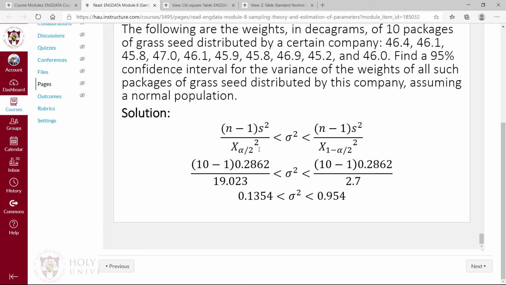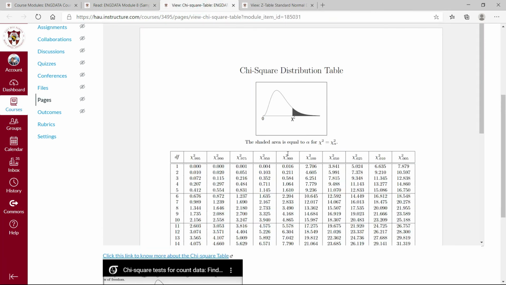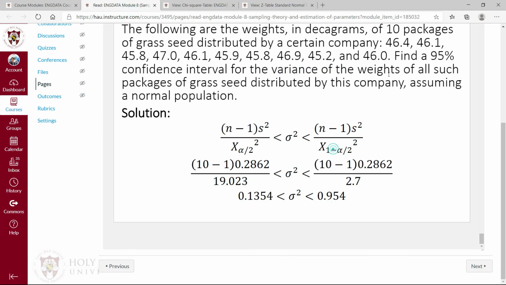So n minus 1 is similar on the other side, then look at the difference between the formulas. This is chi-square of alpha over 2. Referring to the chi-square table, so alpha over 2, we'll be using a 95% confidence interval, similar procedure.